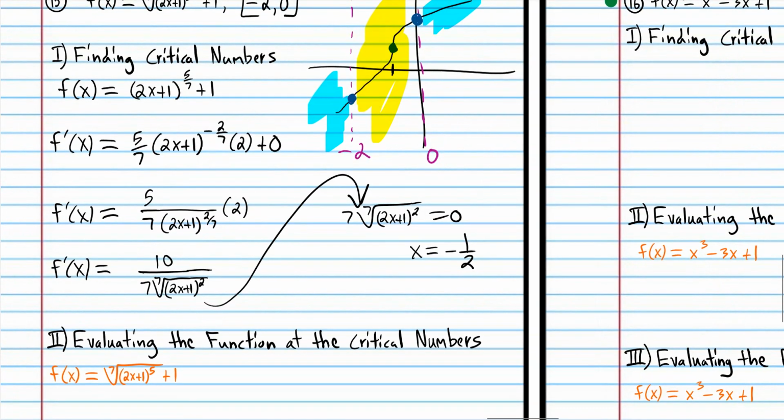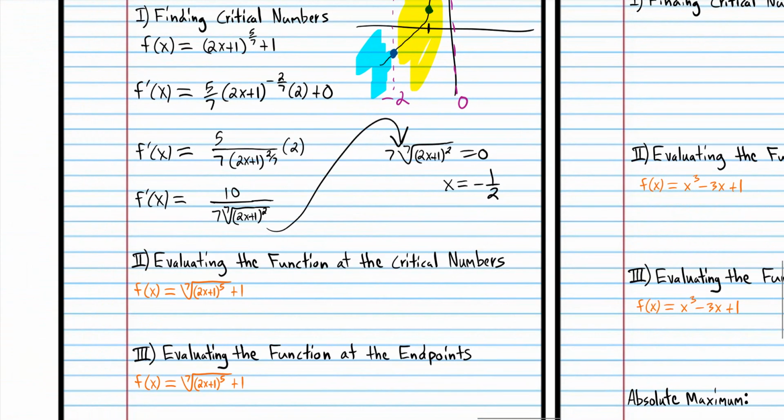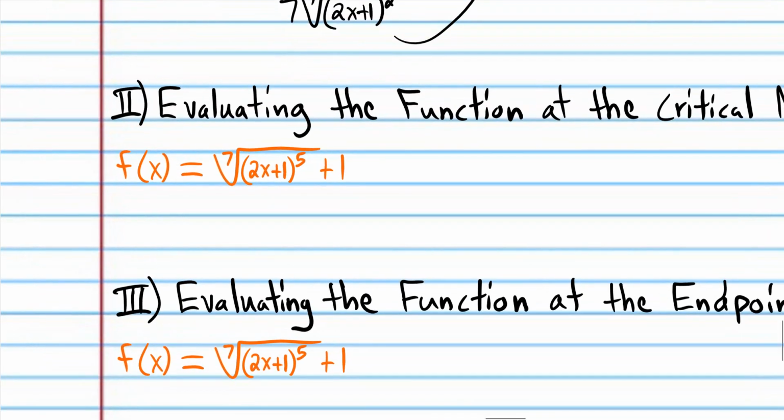So again, that corresponds to this value here. So now we're going to evaluate the function at x equals -1/2. So I rewrote the function there.